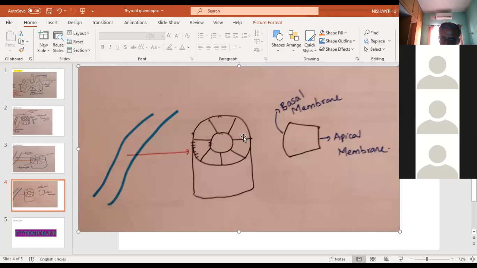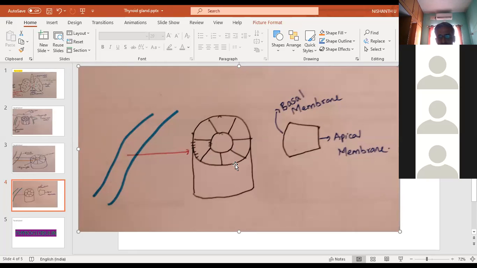Is it clear or not? So the raw materials which are required easily enter through the basal membrane and will be processed, like an unfinished product entering the lumen. The apical membrane has been designed in such a way that it can collect the material which is required for the production of T3, T4.